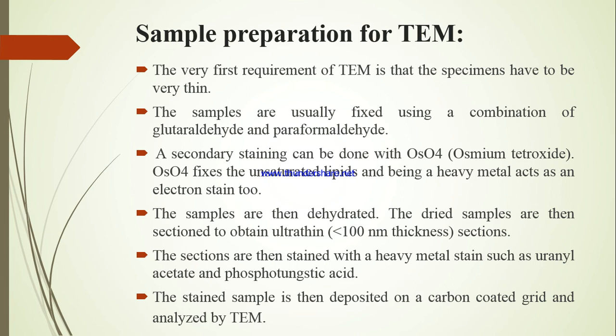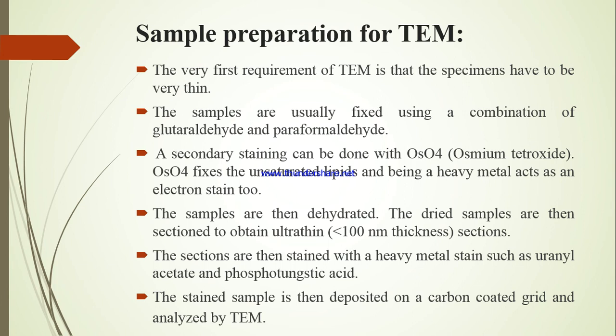Unlike in the scanning electron microscope, where the sample is coated with gold, which helps produce more secondary electrons, in the transmission electron microscope the sample is ultra-thin, and it is fixed and stained using osmium tetroxide, which fixes the unsaturated lipids.